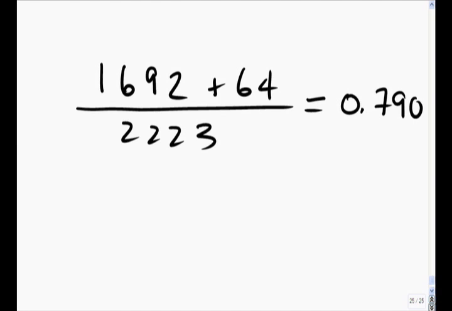Multiplying this number by 100 simply moves the decimal 2 spaces to the right. 79% of the passengers aboard the Titanic were male.